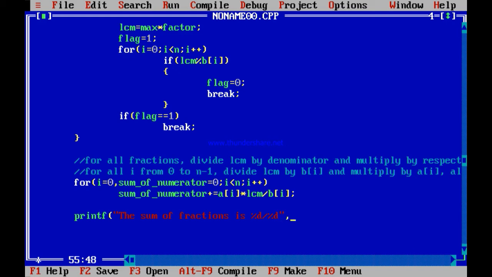So the first %d is the numerator. Where is it contained? Sum of numerator variable, comma, where is the denominator? In the LCM. So here you have got the sum of fractions.